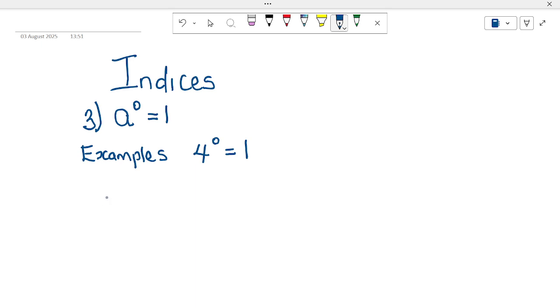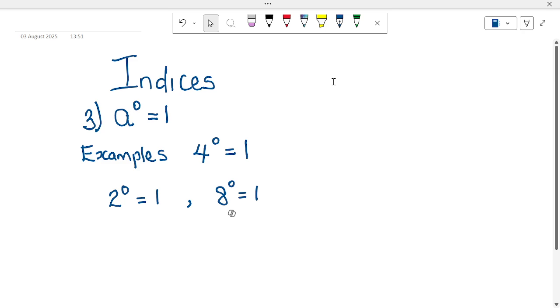Another example: 2 raised to power 0 is 1. Another example: did somebody say 8 raised to power 0 is 1? Good. That is the third law of indices. Anything raised to power 0 will give you 1.